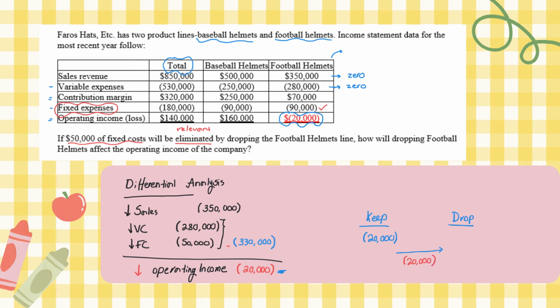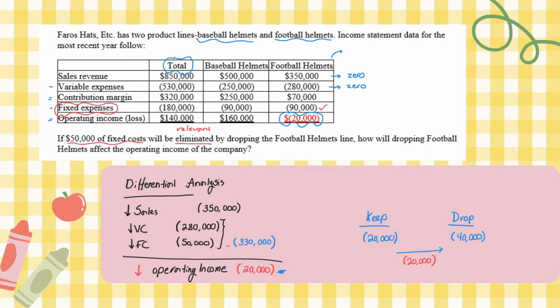So I'm gonna lose 20,000 if I keep it. If I drop it, I'm gonna lose 20,000 more. So in total, I'm gonna lose 40,000. And what's the 40,000? It's the irrelevant fixed cost. Fixed expenses in this question is 90,000.